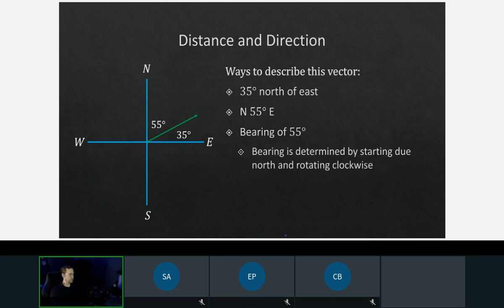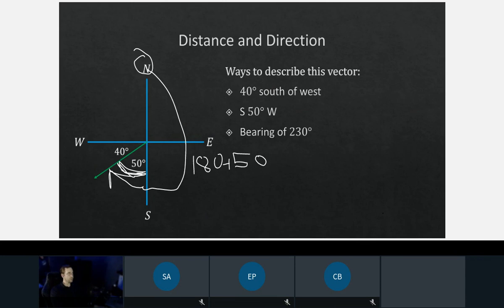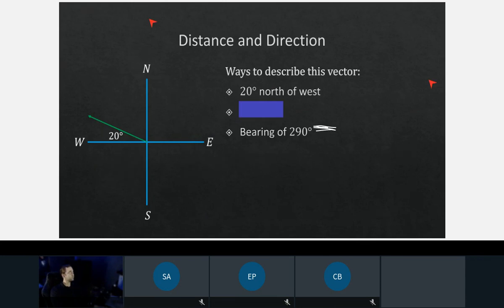Yeah, that is always true. So for both of them, you're going to have north or south first. From the north, you are rotating 70 degrees west. So you had to find that complementary angle, which is 90 minus 20 is 70, right?